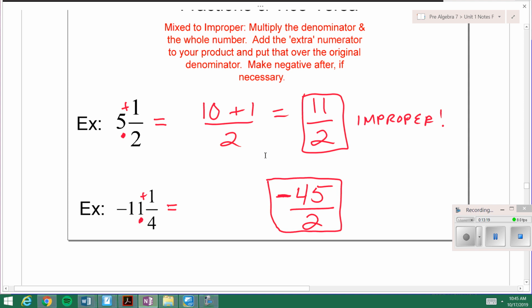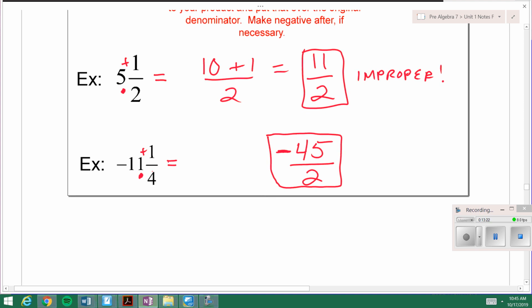Now, people ask, okay, well, Mr. Cummings, if I take the negative sign into account, negative 11 times 4 is negative 44. And if I add 1 to that, isn't that negative 43/2? Why is it not that? Well, in this case, this negative sign is indicating that not only is the whole number negative, the 1/4 is negative as well.